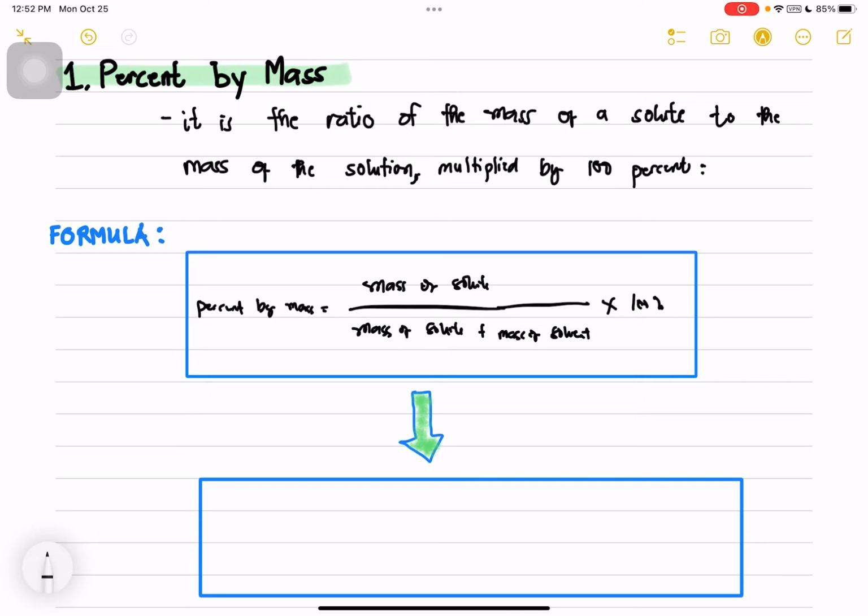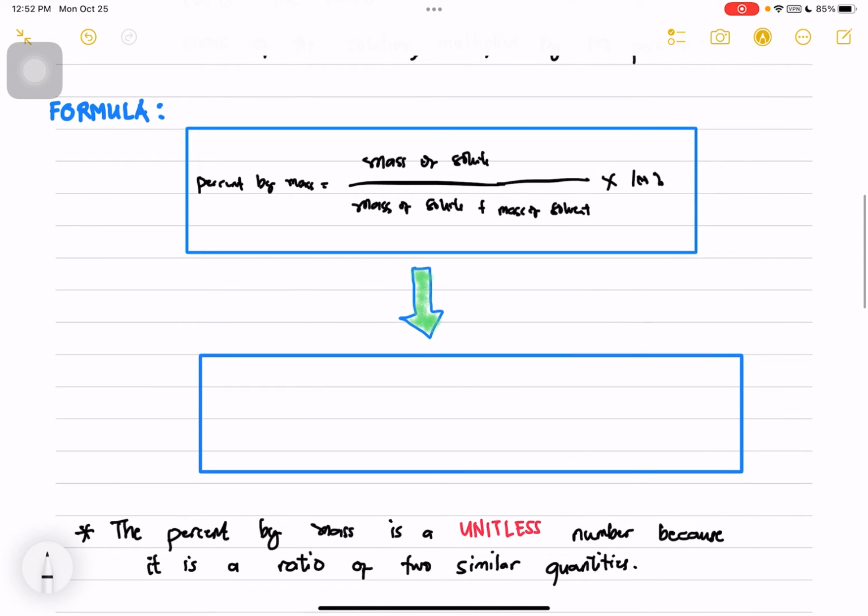Now, we can still simplify this formula. Since solution is a combination of the solute and the solvent, this expression here, we can simplify it into a single term, which is the mass of solution.